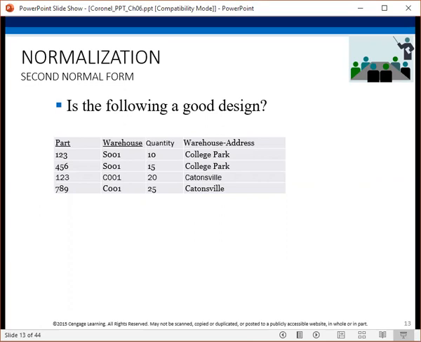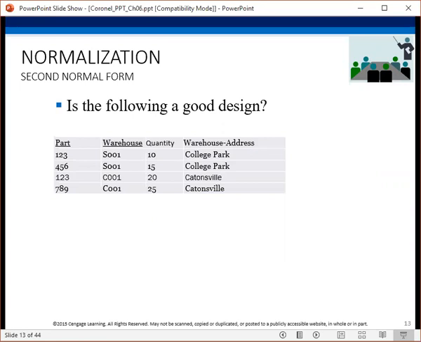So if we look at warehouse address, it's redundant. What if the address of a warehouse changes? We have to change things. Data might become inconsistent. There's no place to keep a warehouse address, or the warehouse for that matter, if there's no parts in a warehouse.